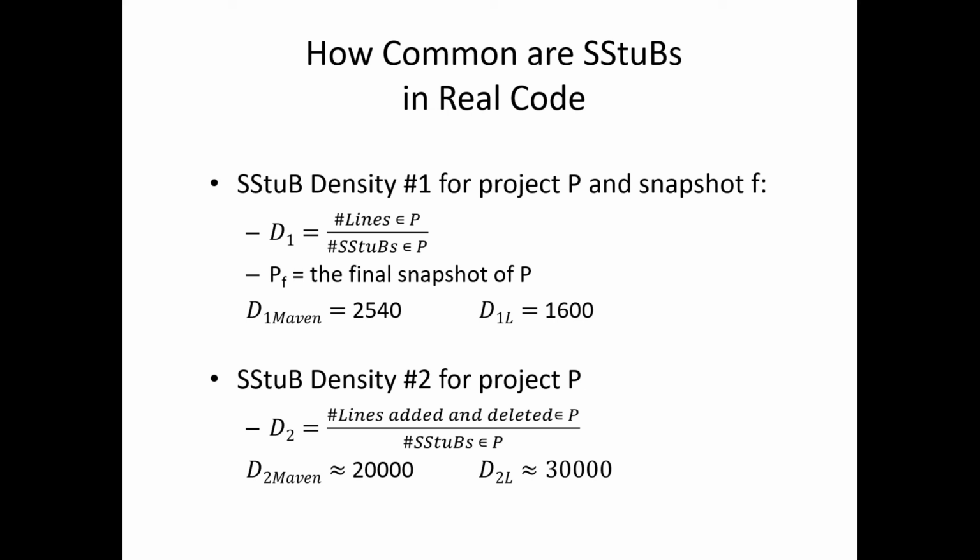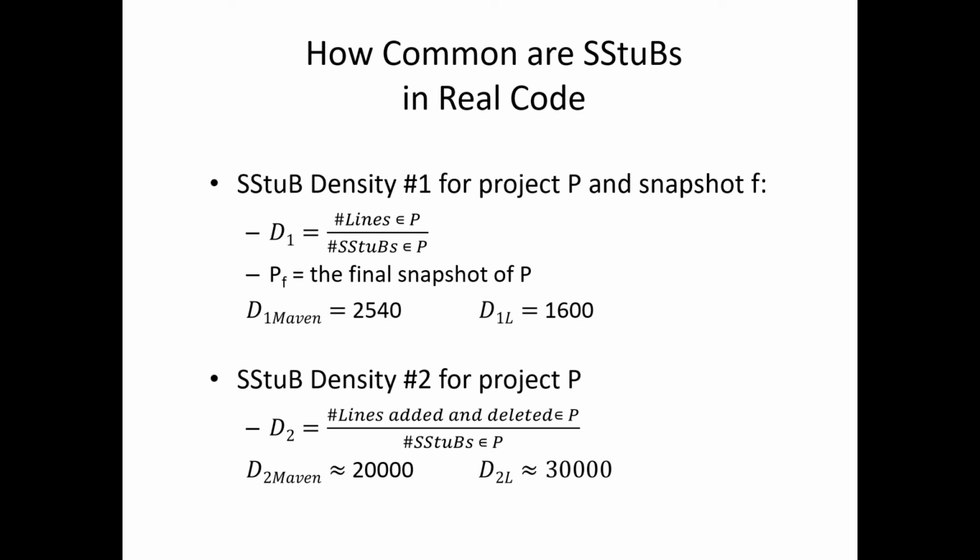We found that in the smaller version of the dataset, we can expect a bug about every 2,000 lines of code. And in the larger version of the dataset, about every 1,600 lines of code.